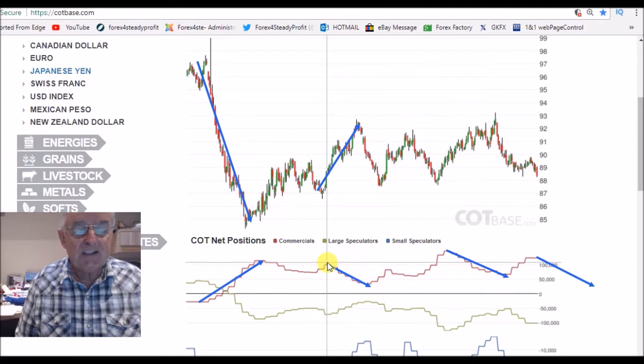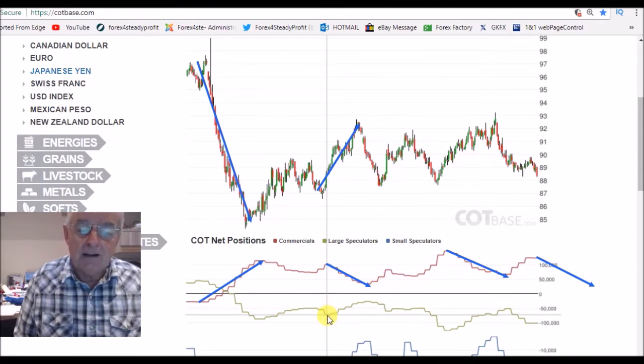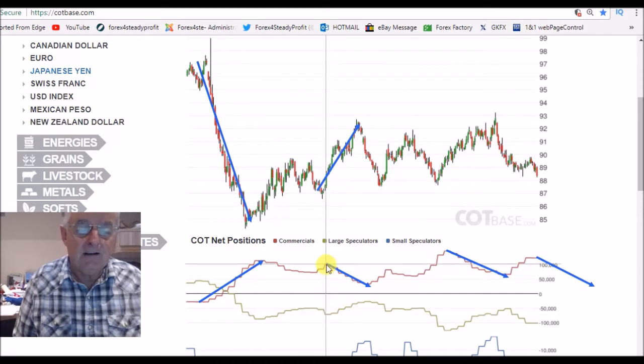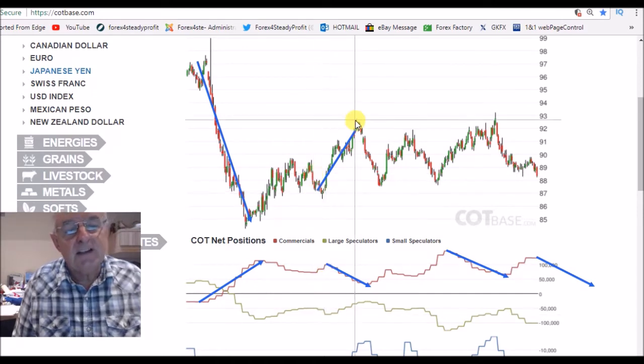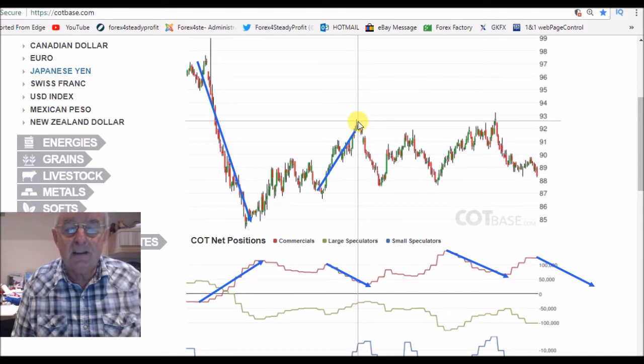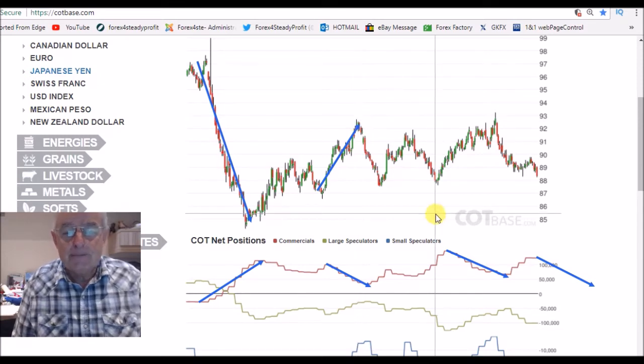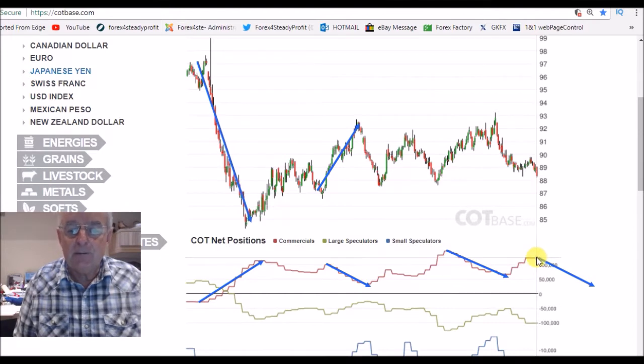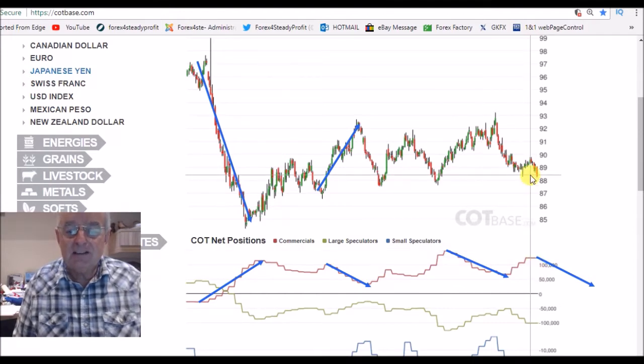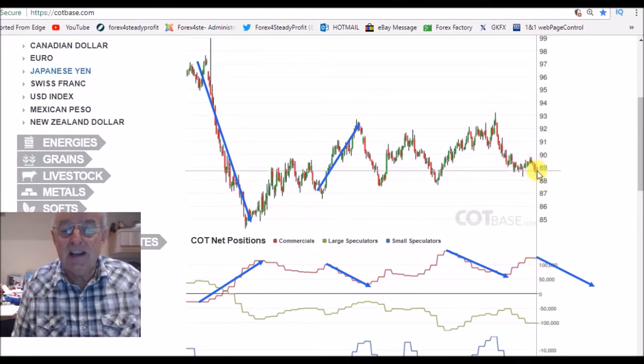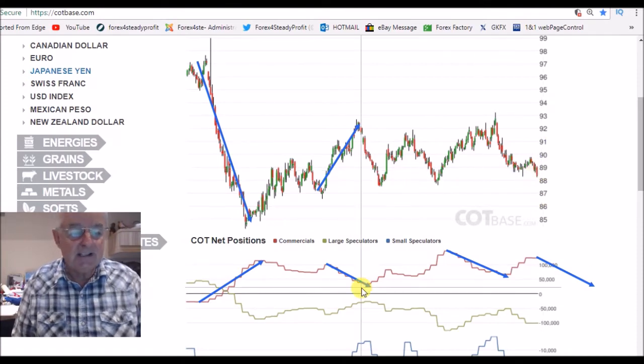Again, we have an extreme long position with the speculators opposed, and we see the Japanese yen gain strength again here, and we've got it again now, and I am expecting to see the Japanese yen gain strength over the next few weeks.